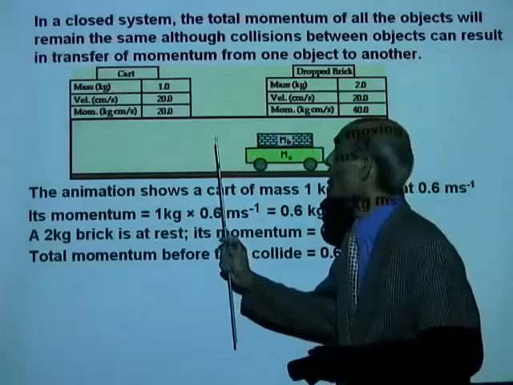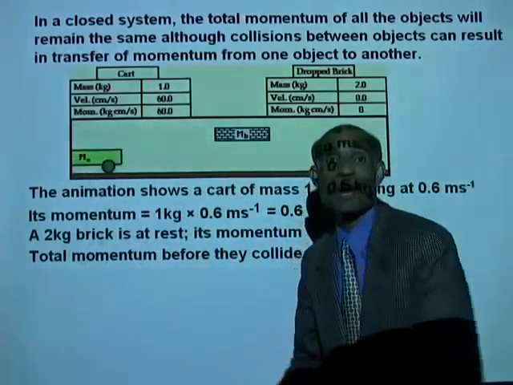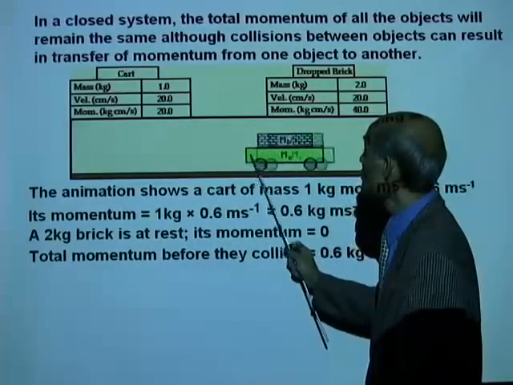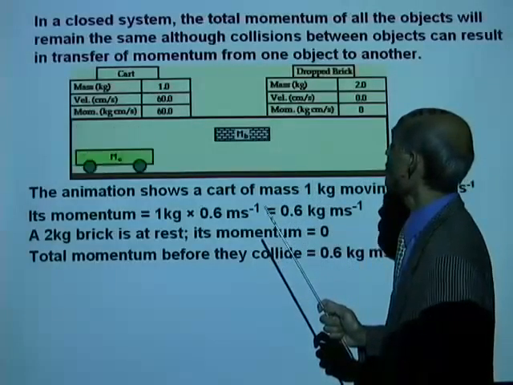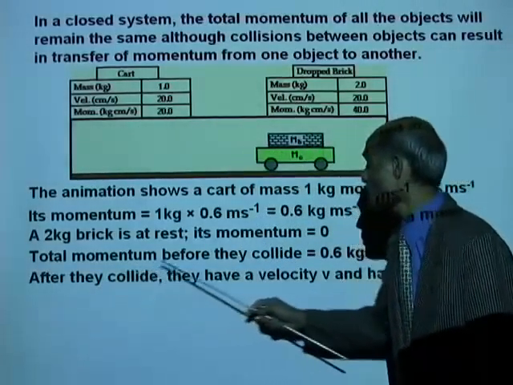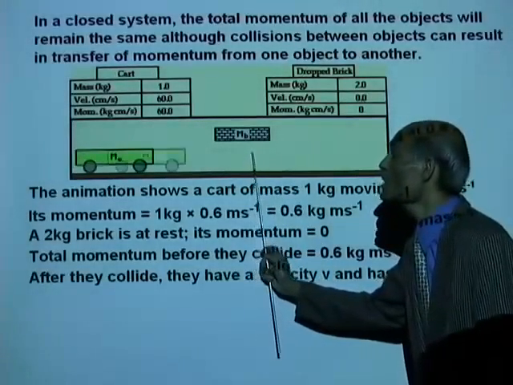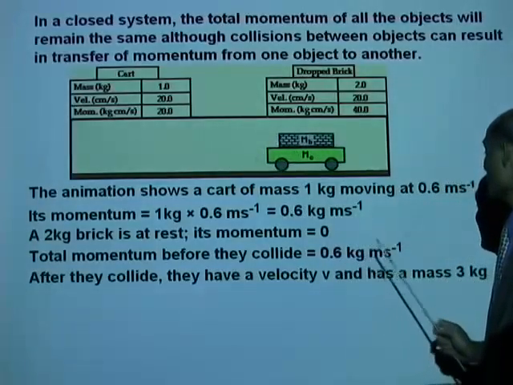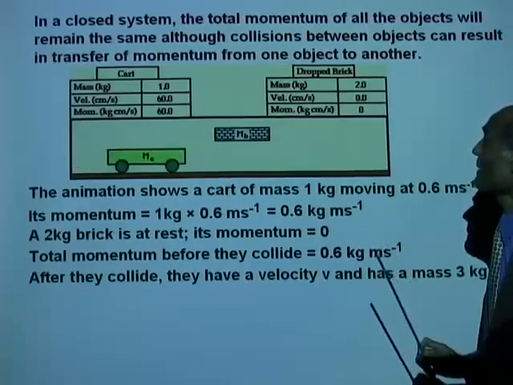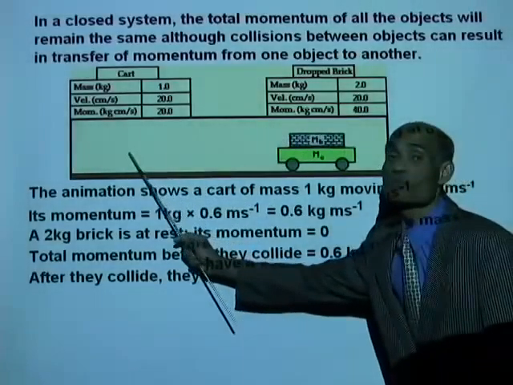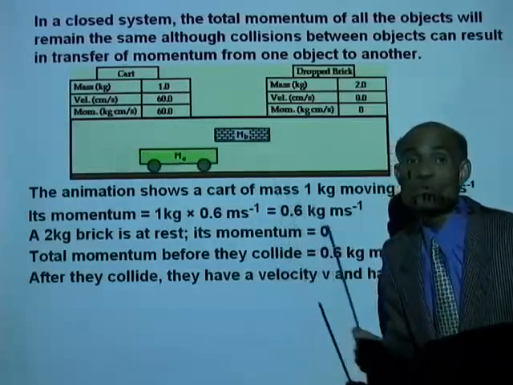And you notice that once they collide, they move together as a single object. The total mass now is the mass of the cart plus the mass of the brick. After they collide, suppose they have a velocity v. We don't know what that velocity is. And they have a mass of 3 kilogram. Now that means the mass of the trolley is 1 kilogram and the mass of the brick is 2 kilogram.